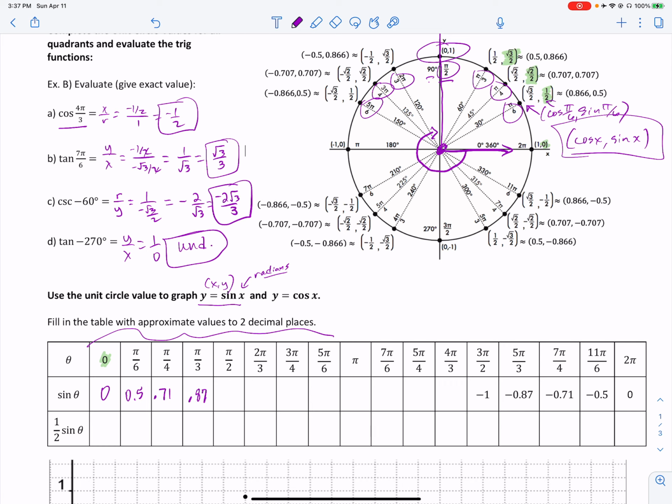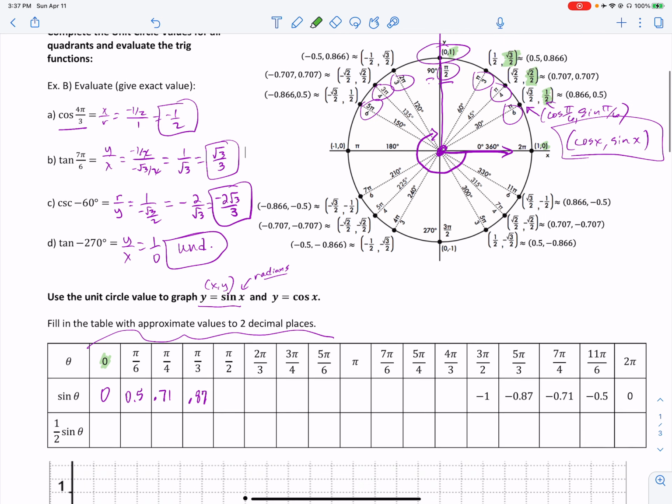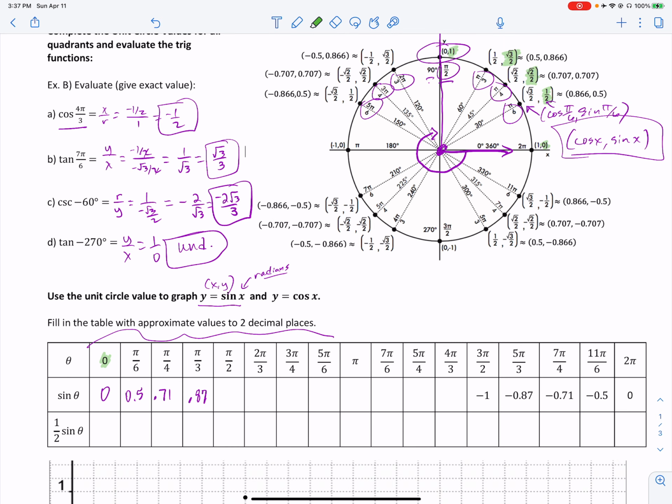And sine of pi halves is the y coordinate at 90 degrees at pi halves. It's 1. And at 2 pi thirds, we are at root 3 over 2 again, which is that 0.87.